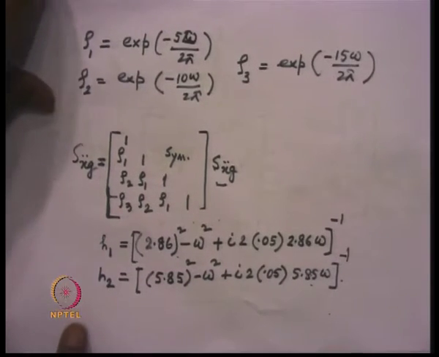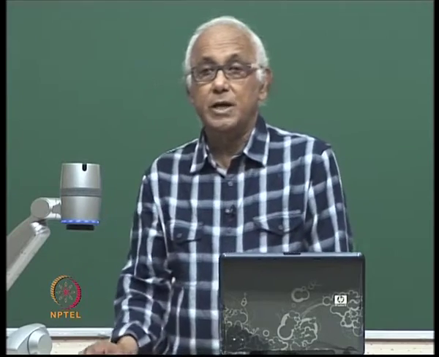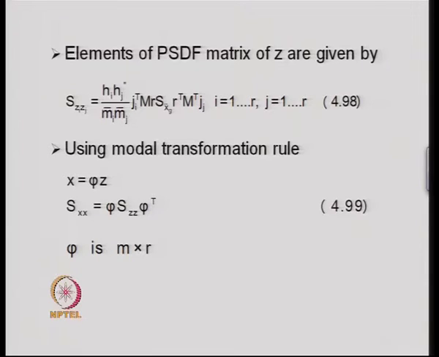Once we have obtained these H1, H2, H3, one can plug these frequency response functions into this equation, that is Hi and Hj star, which is now known for any two modes.